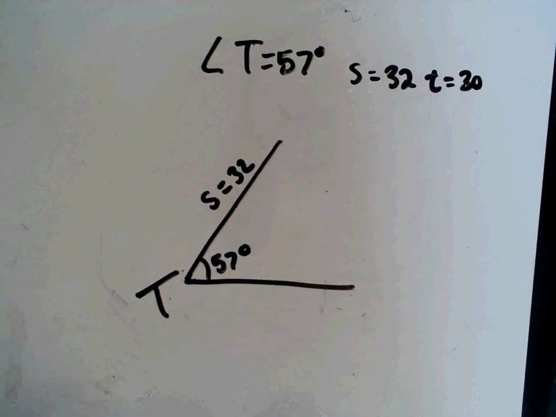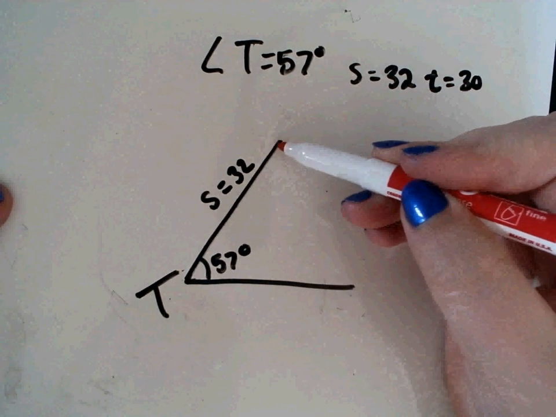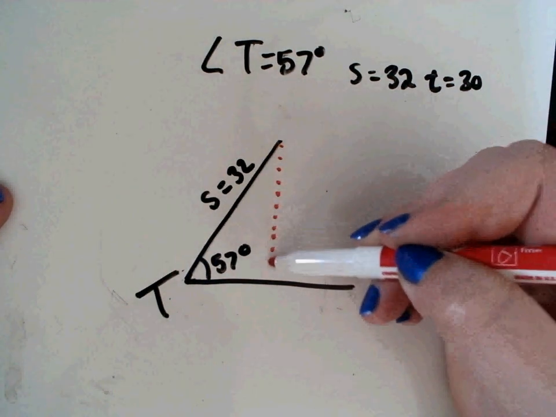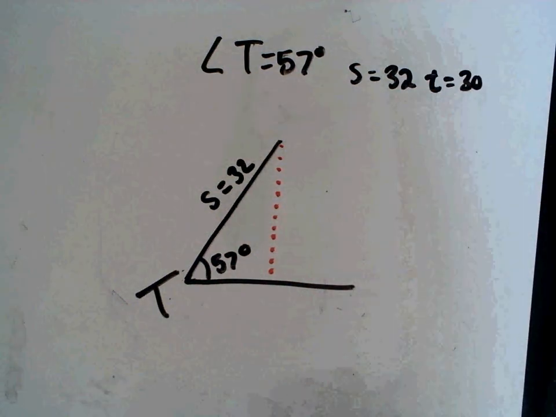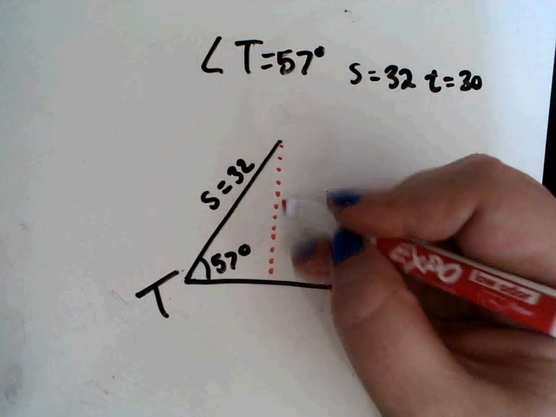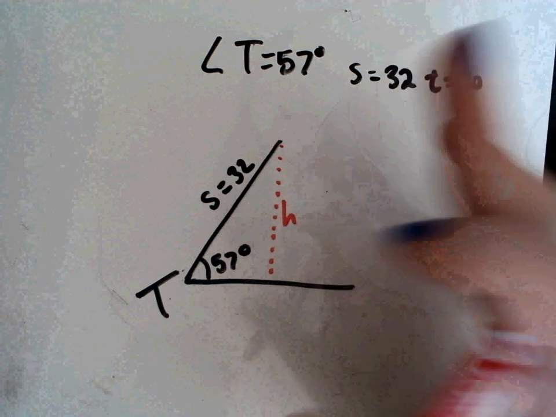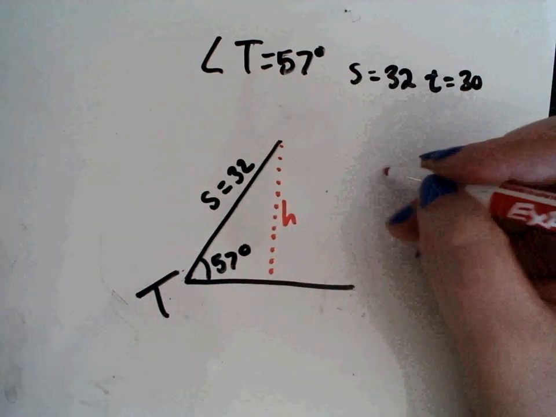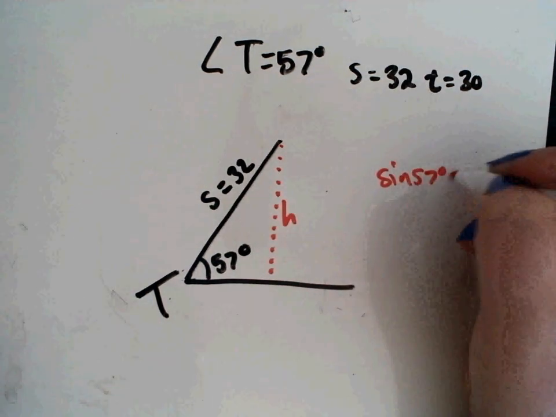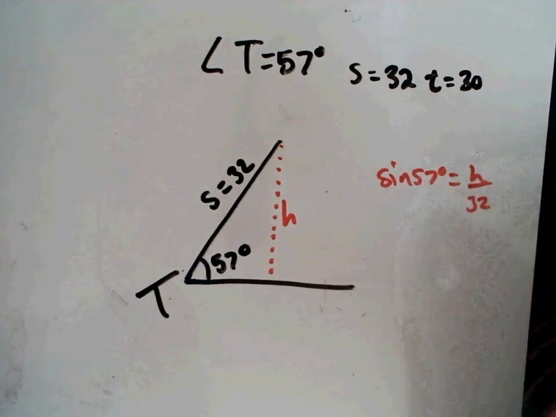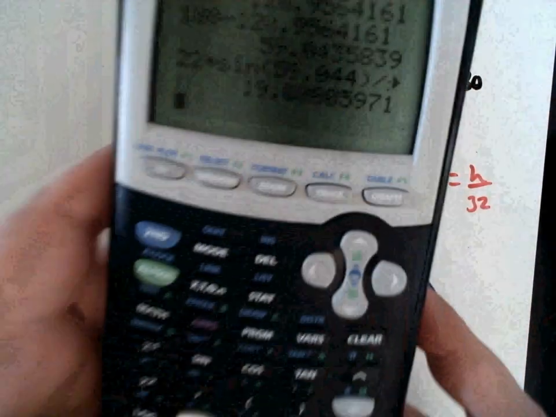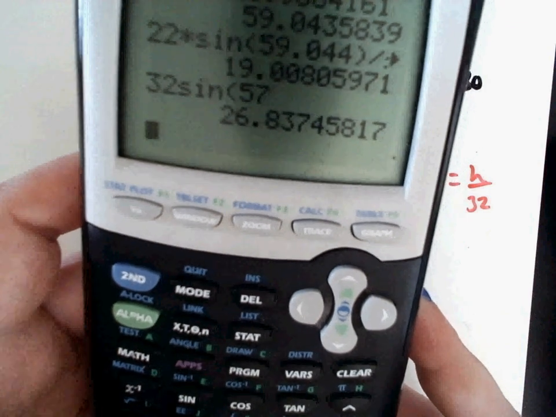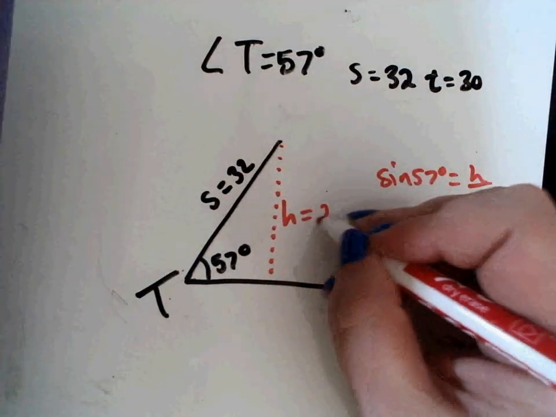S is the other side length, so we're going to put 32, and then 30 is the side length of T. I'm going to remind you of the criteria for each. We need to find the height, obviously, because if it's too short, then we don't even have a triangle. So sine of 57 degrees equals height over 32, or 32 times sine of 57.